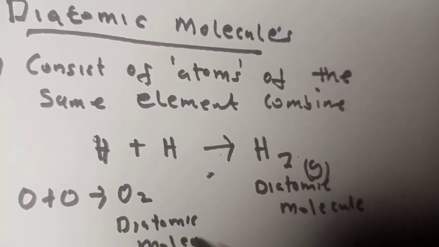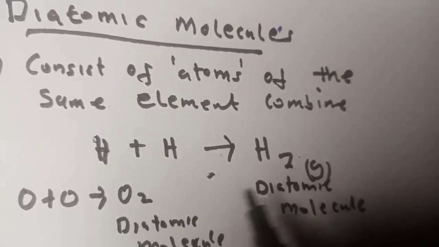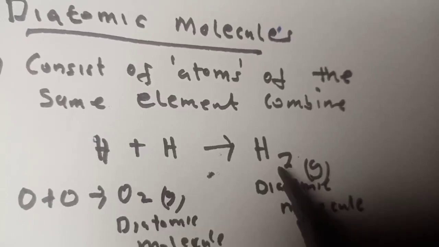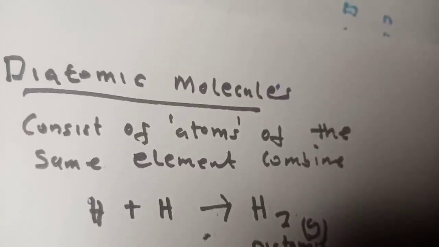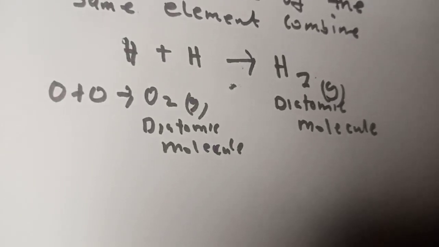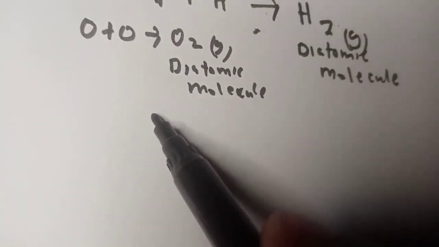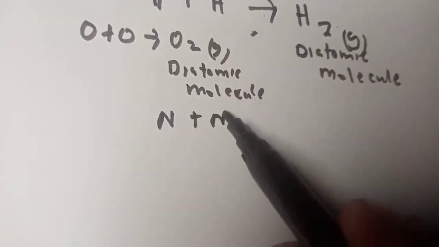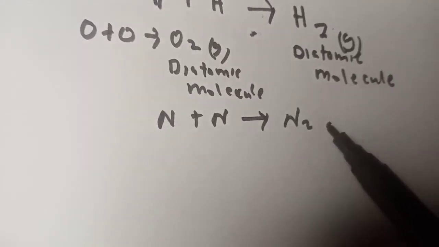For diatomic molecules, you notice that they have a 2 below here. But for monoatomic molecules, the ones that we looked at, you didn't see a 2 here. That's why you know that these are monoatomic. For diatomic, they all have a 2. Even when we take nitrogen, you get this.